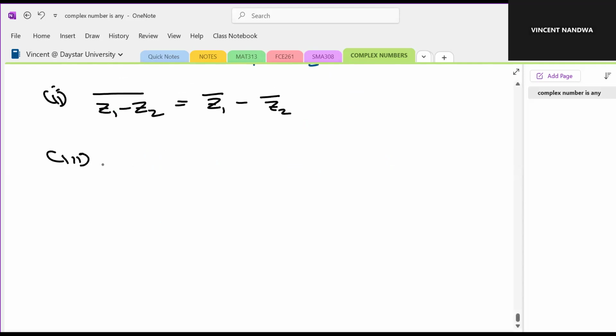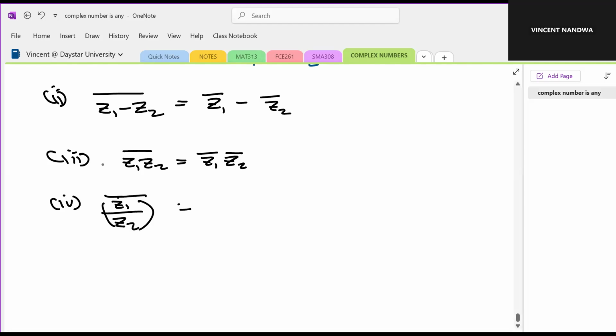And then number 3, the conjugate of Z1 times Z2 is the same as the conjugate of Z1 times the conjugate of Z2. You can also prove that the conjugate of Z1 over Z2 is the same as the conjugate of Z1 divided by the conjugate of Z2.